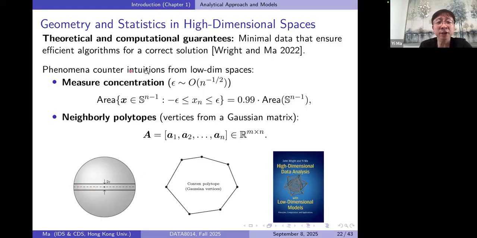Example, right? 就是这个叫 measure concentration. 大家都知道，对吧？比如说 if I tell you, 大家都知道一个二维的球面，right?